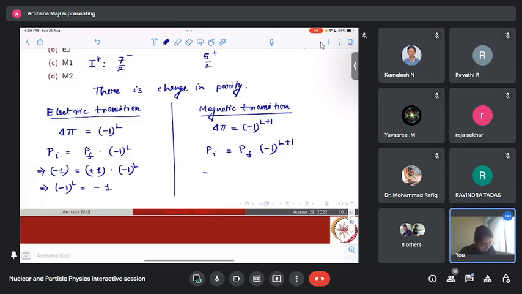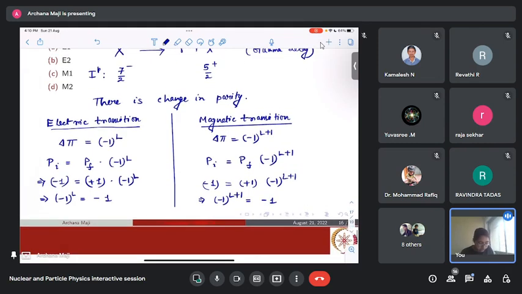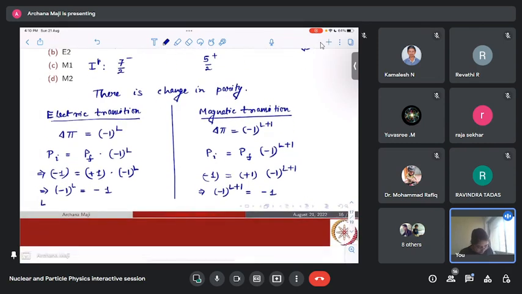And here again, minus 1 is equal to plus 1 times minus 1 to the power L plus 1. So basically there is a change in parity, so that means minus 1 to the power L plus 1 is minus 1. So for the electric transitions, L has to be odd, and for the magnetic transition, L has to be even.